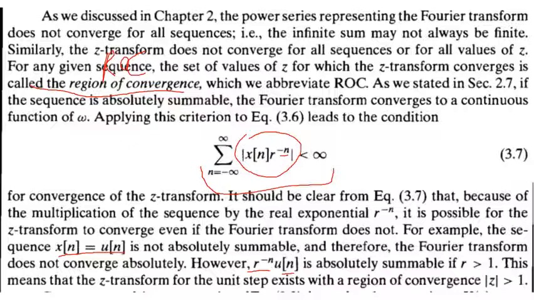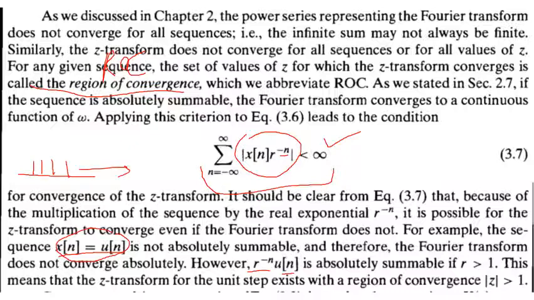So what we are doing here is introducing a variable Z. With the help of the Z variable, we can make the sequence converge. For example, x of n equal to u of n does not converge, or is not absolutely summable, because u of n is 1, 1, 1 and it doesn't go away till infinity.